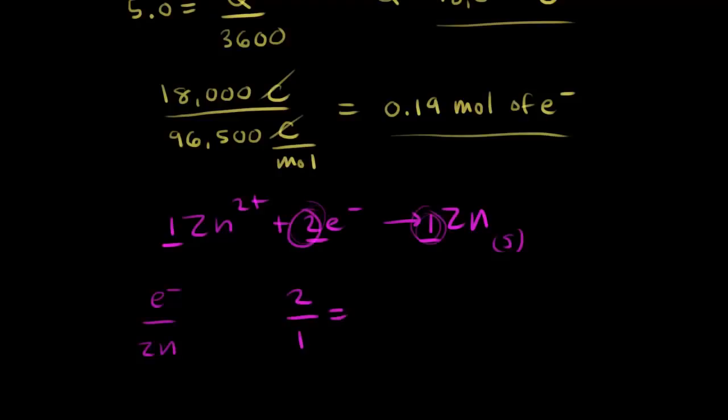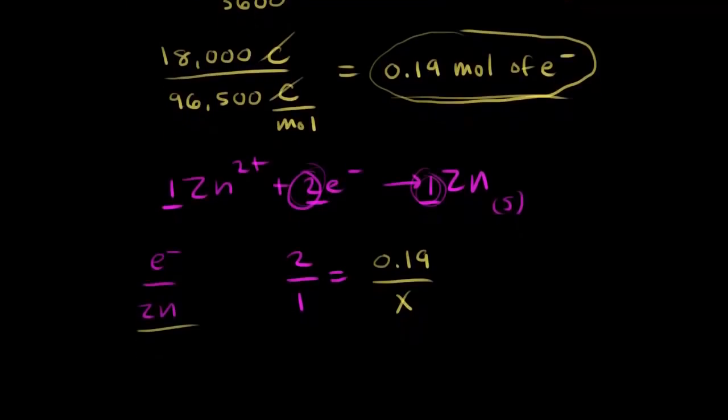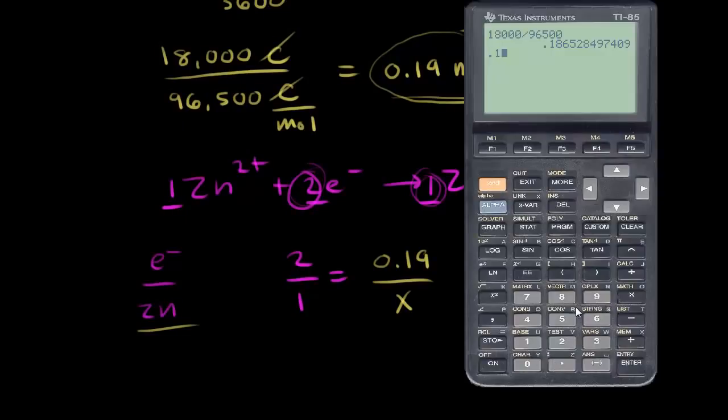And then on the right side of our proportion, we know that 0.19 moles of electrons were forced through our cell. So we can write down here 0.19 moles of electrons over X. And X represents the moles of solid zinc. So let's solve our proportion. That's 2X is equal to 0.19. So 0.19 divided by 2 is equal to 0.095.